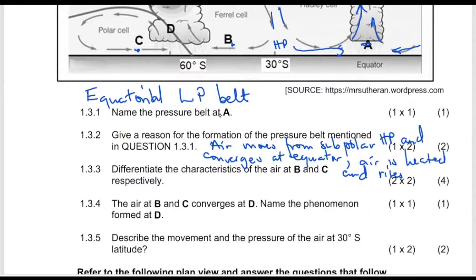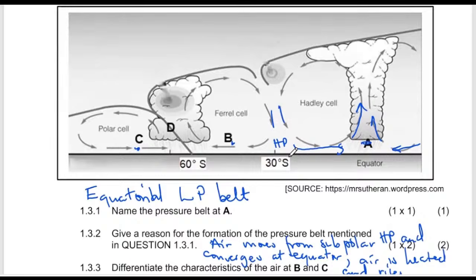At B, we are looking at air coming from the subtropical high.